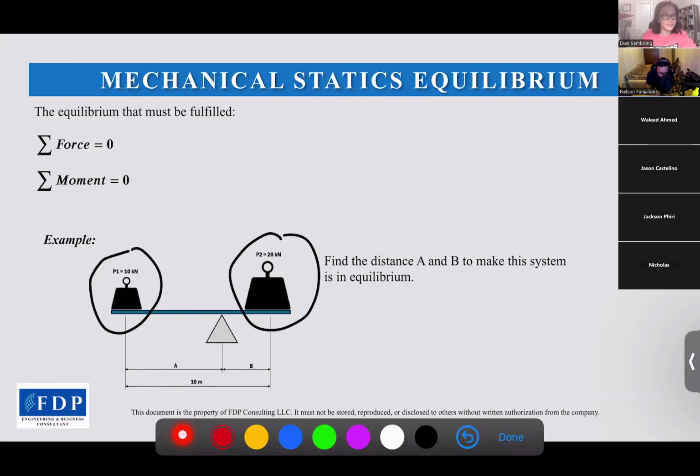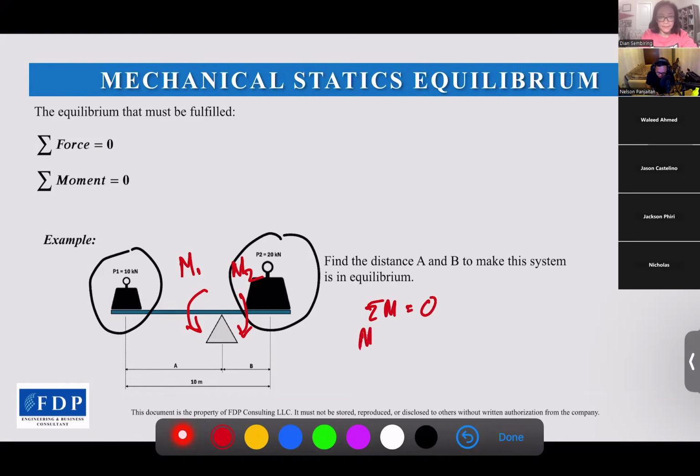So here, let's say, is M1, and then here, let's say, it's M2. To fulfill the static equilibrium, there is a requirement that the total moment equals zero.